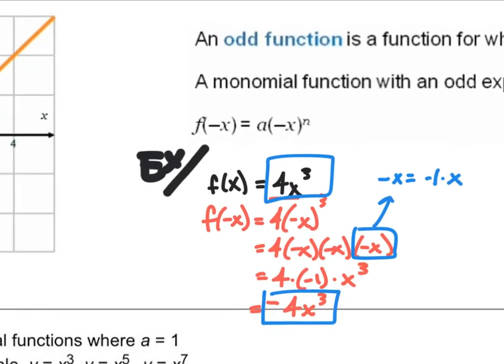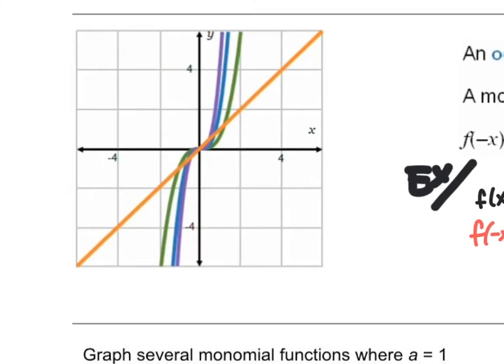All right, so typically you have a graph that looks like this if you have an odd function. If you had an even function, it was symmetric about the y-axis, where if I plugged in, say, positive 2, I got some y value, and if I plugged in negative 2, I got that same y value.